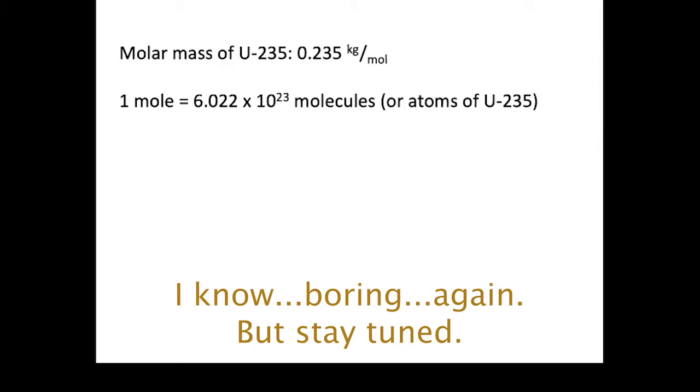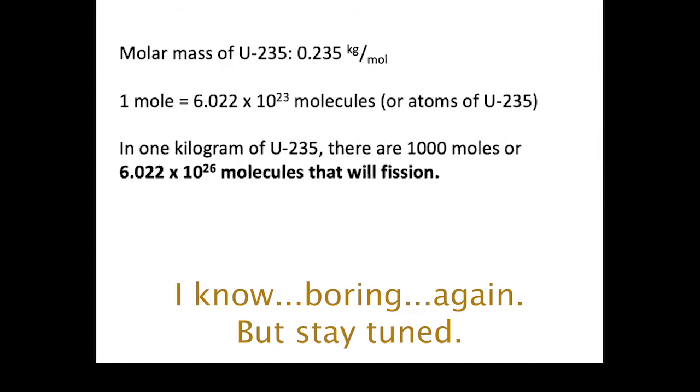The same way we would talk about a ream of paper, which is actually 500 sheets of paper, we can talk about a mole of atoms, which is 6.022 times 10 to the 23rd atoms. So 1 kilogram of uranium-235 is actually 1,000 moles, or 6.022 times 10 to the 26 molecules or atoms that will fission.